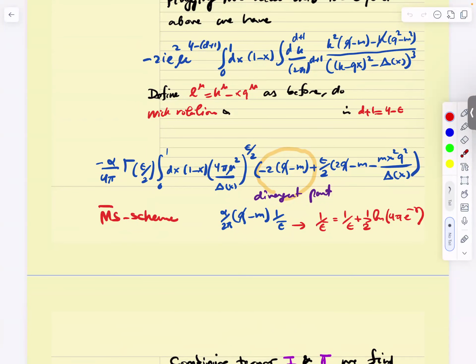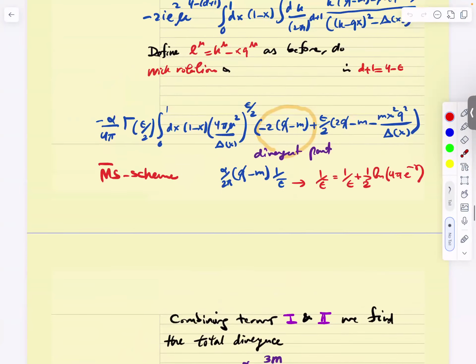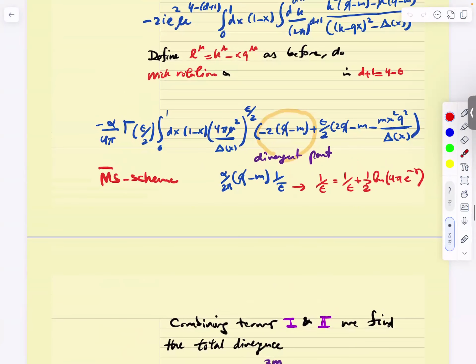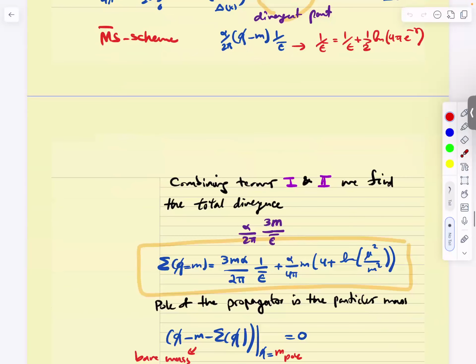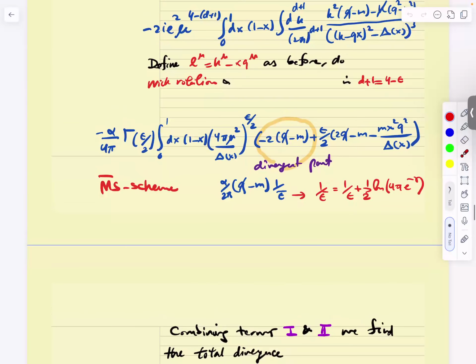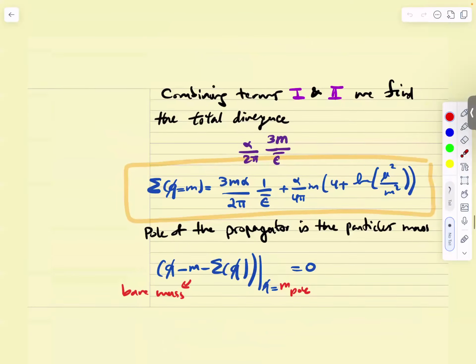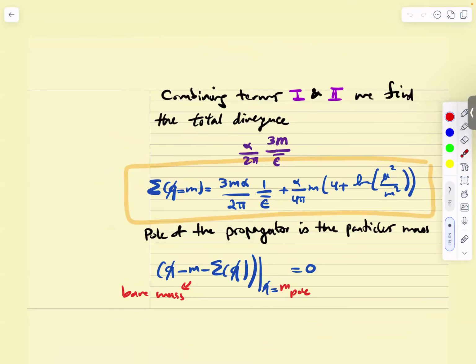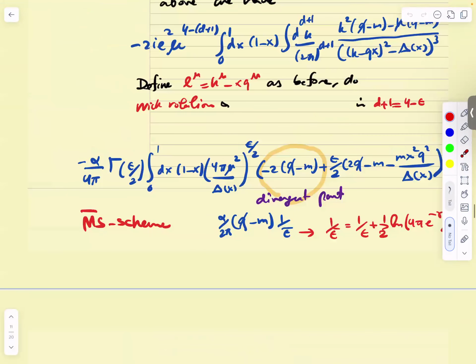Again, I'm not going to try to explain the MS bar prime. This is an intermediate thing that I wrote. You put the two terms together. This is the structure you find.